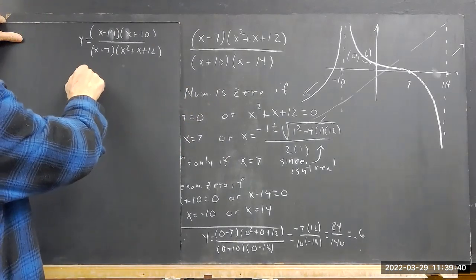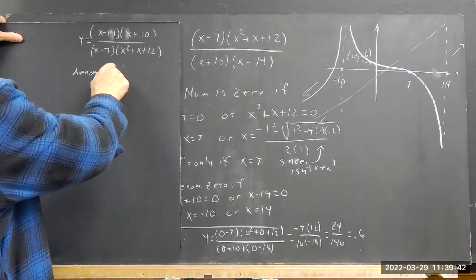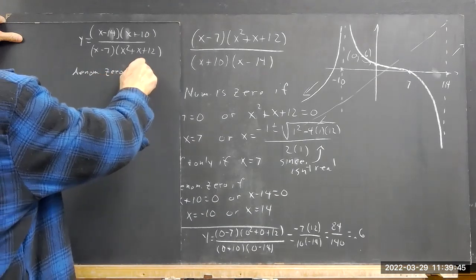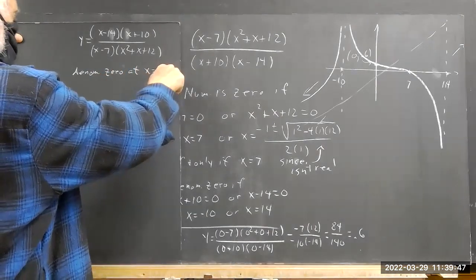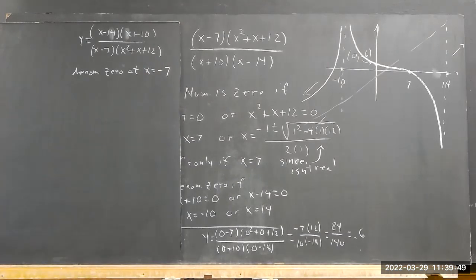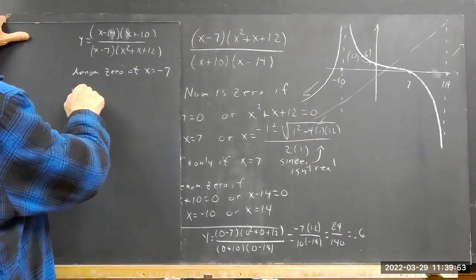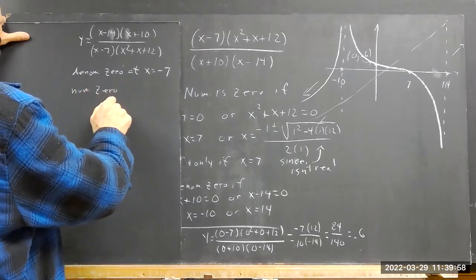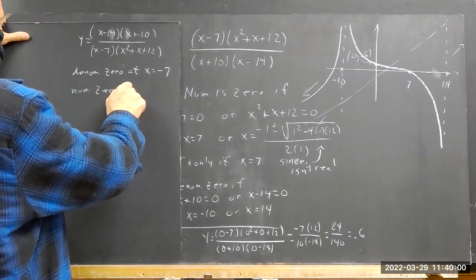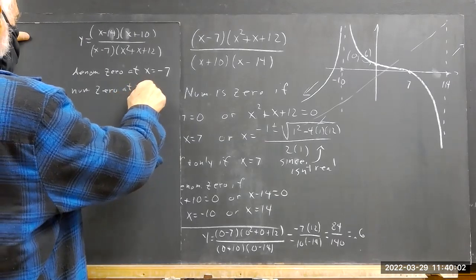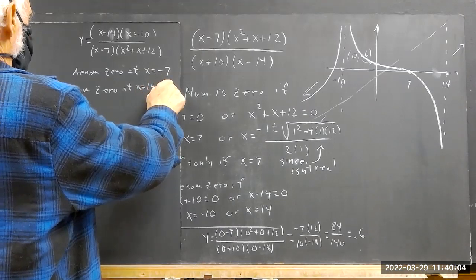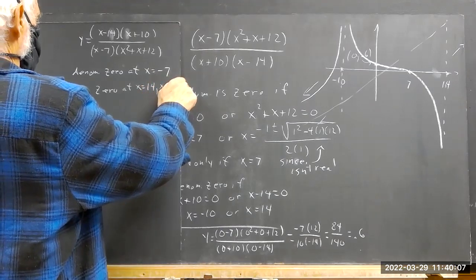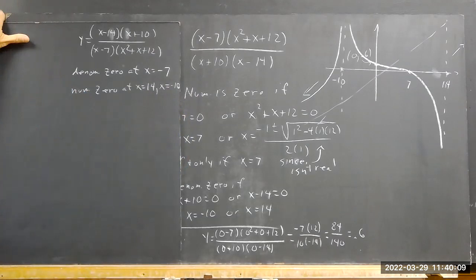So the denominator is 0 just at x equals negative 7. Numerator is 0 at x equals 14 and x equals negative 10. Okay.